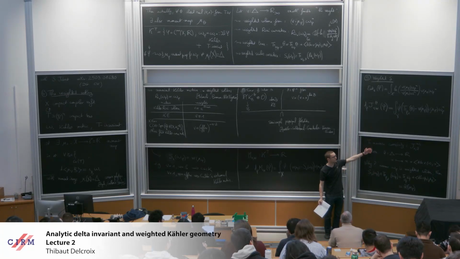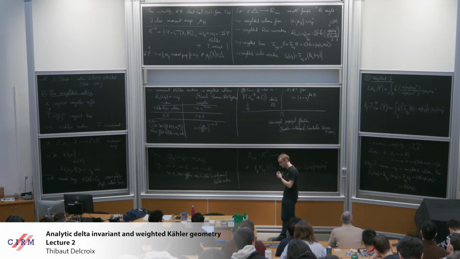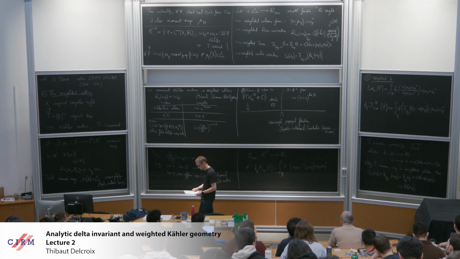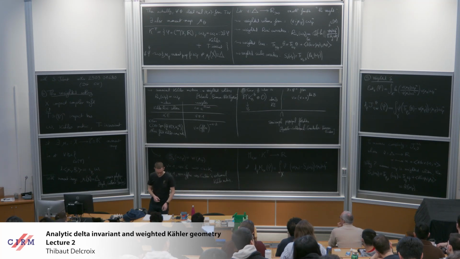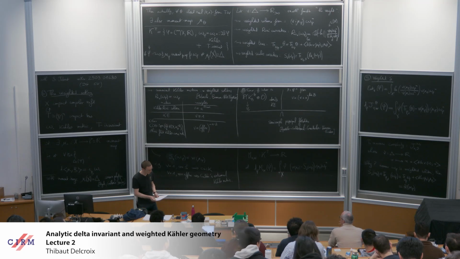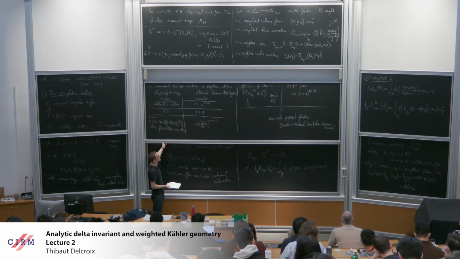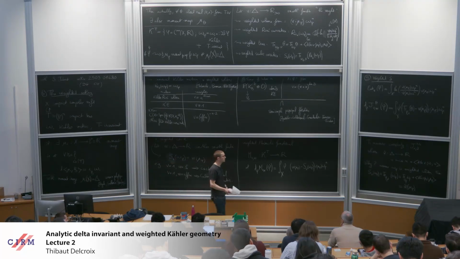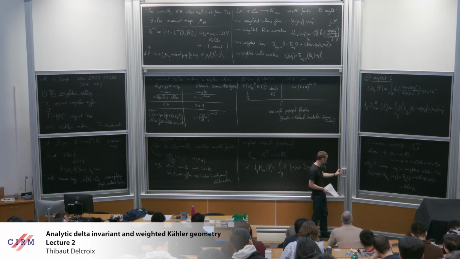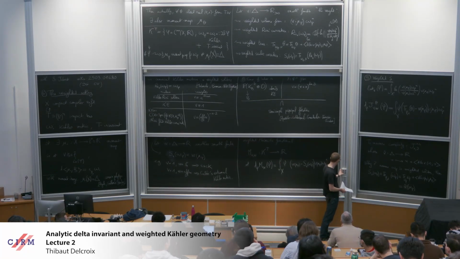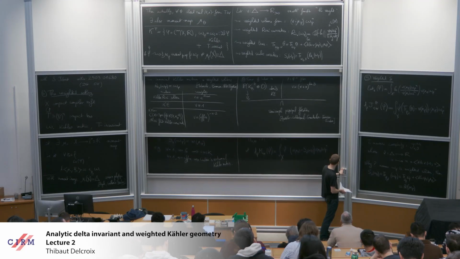And it turns out that it is the good measure of coercivity. I may say more about this later. Okay. So now I can define my weighted delta invariant with these ingredients.